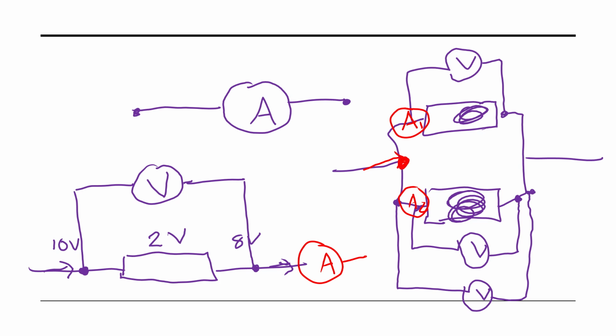So when current enters the parallel section, some of it is going to go up here and some of it is going to go down here. Not evenly. The only time it gets split evenly is if both resistors have the same resistance, but it's not always even. So if 3 amps is entering, some of it goes through here and some of it is going to go through this resistor.